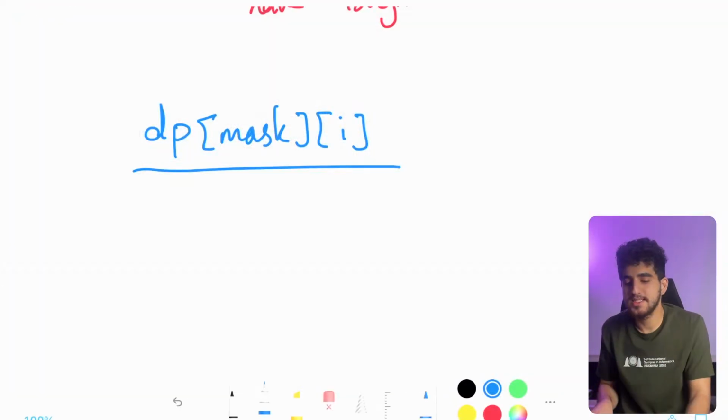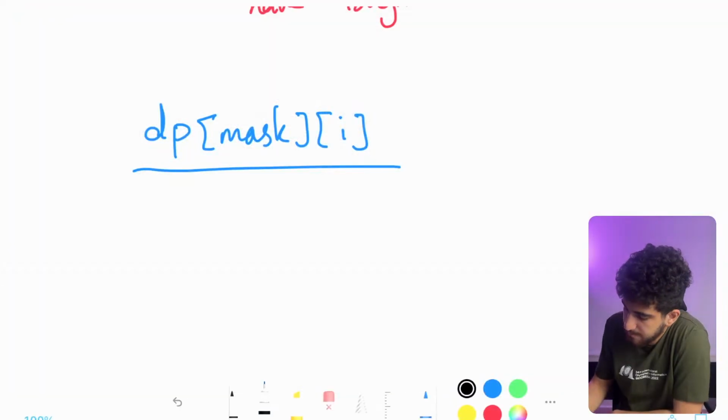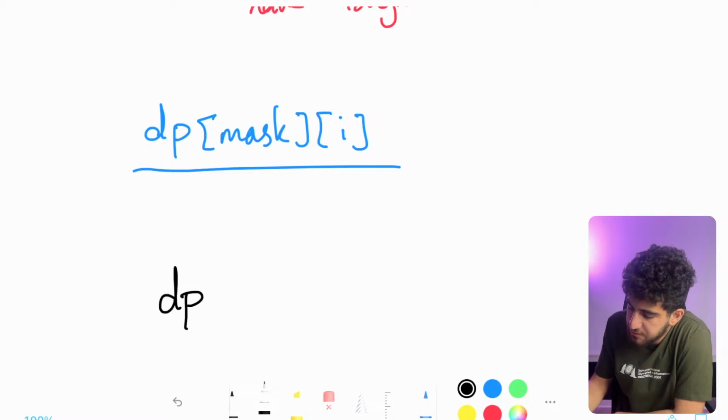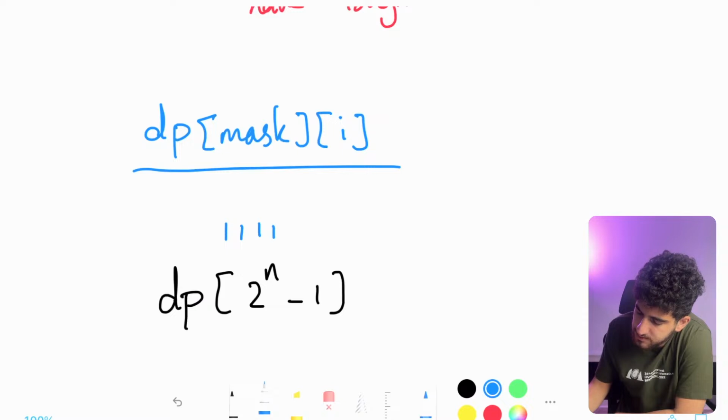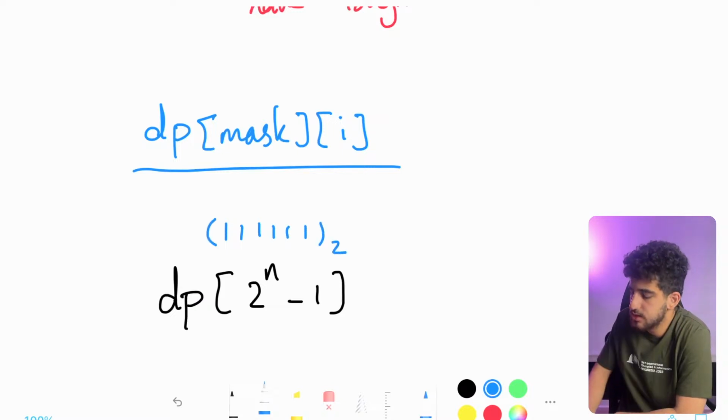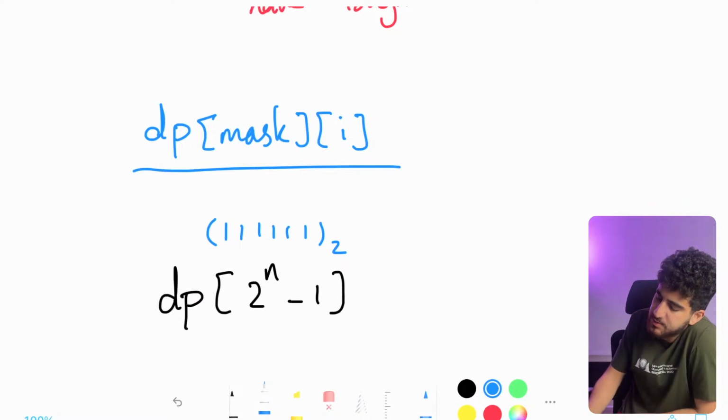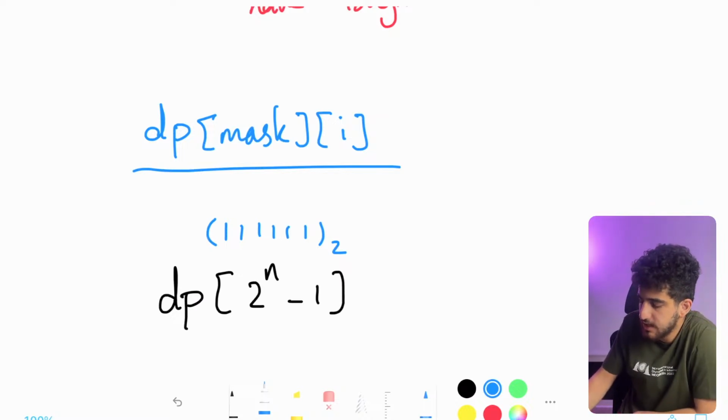So my base case is dp of everyone, all of the people, its mask is 2 to the power of n minus 1. 2 to the power of n minus 1 in binary representation is 1 1 1 1 1 1 in base 2. So we have dp of 2 to the power of n minus 1 and 1.